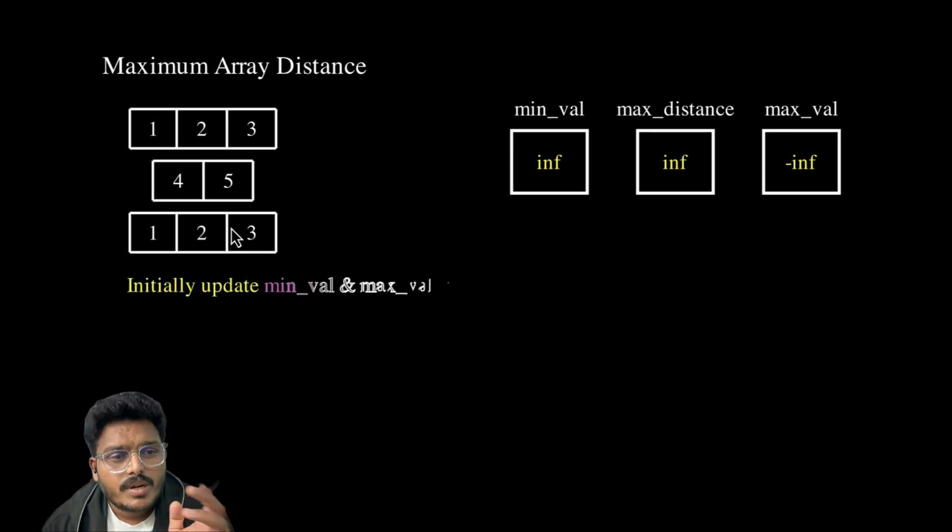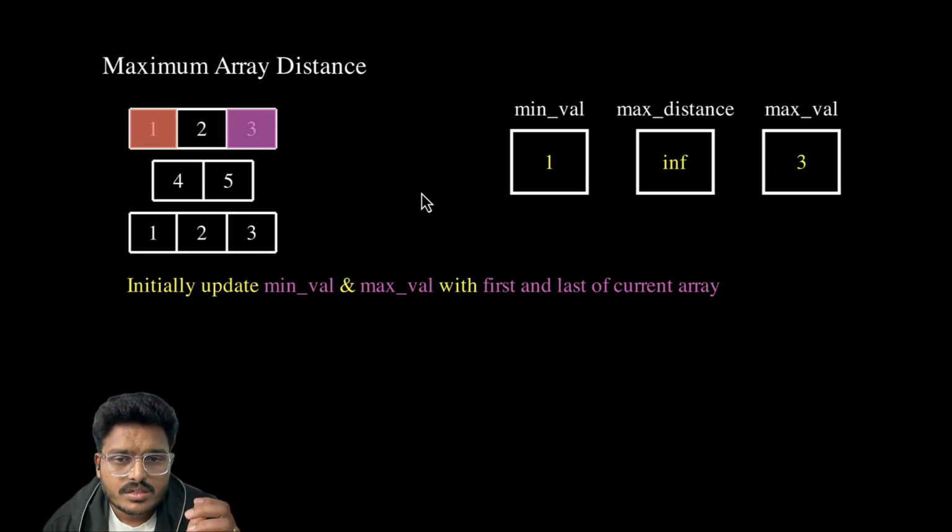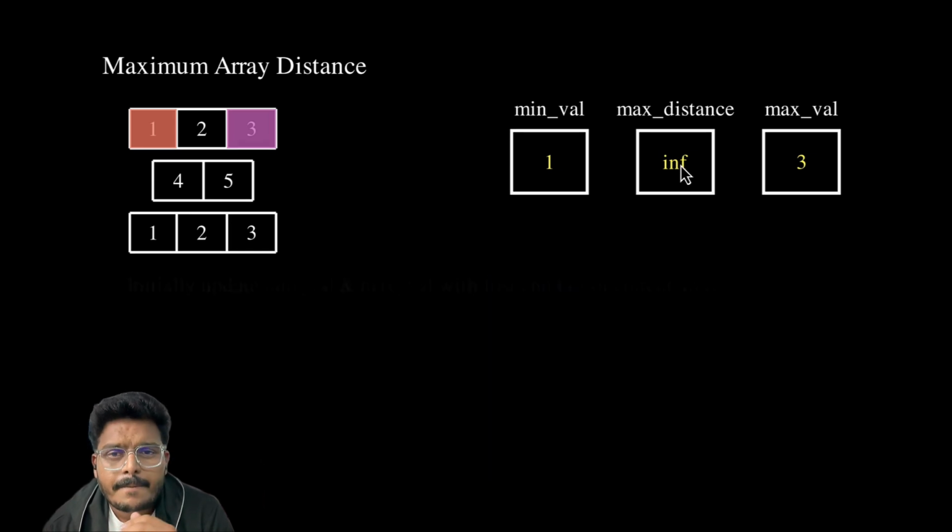From the first array, we'll update the minimum value and the maximum value. So now we have the minimum value 1 and the maximum value 3. The max distance we did not calculate because we need at least two arrays to calculate the distance.